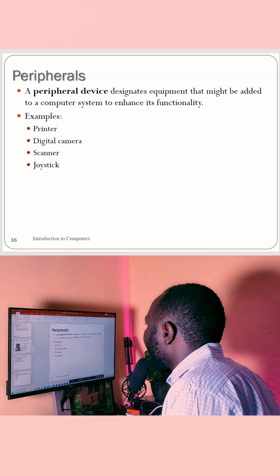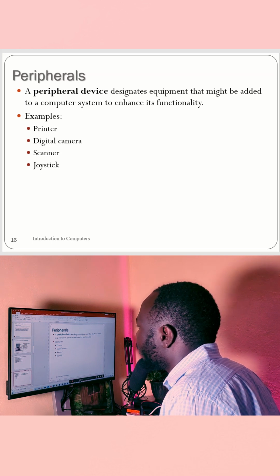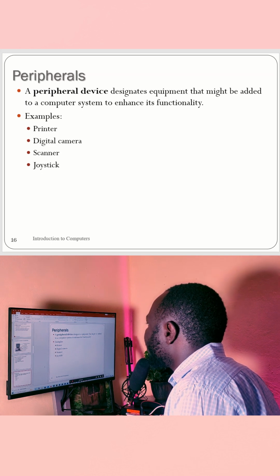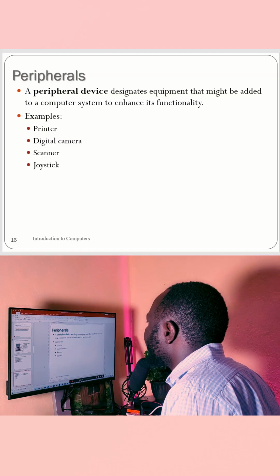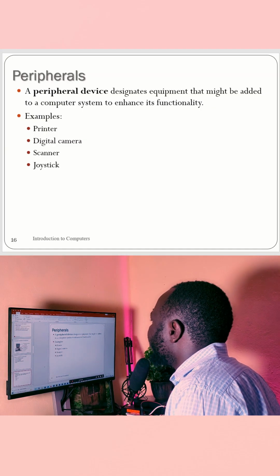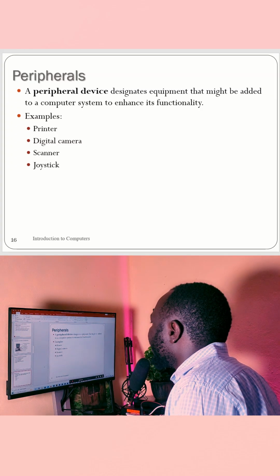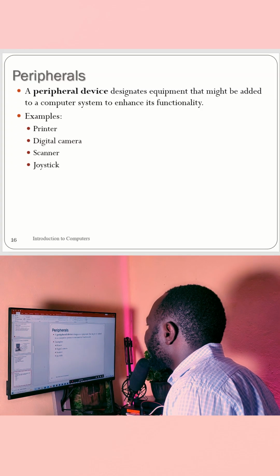And examples, we have printers. You can actually have your computer without a printer and it's still a computer. But if you want to be able to print, you add to it a printer. The printer becomes the peripheral device. You want to put pictures into your computer, you use a digital camera. The digital camera becomes the peripheral device.